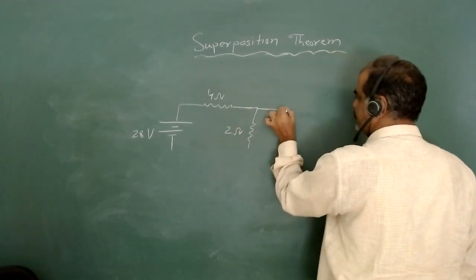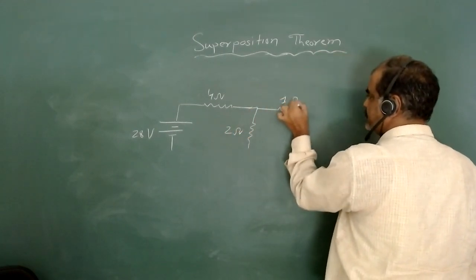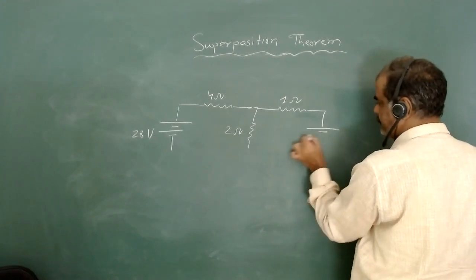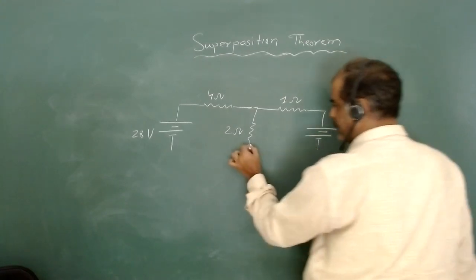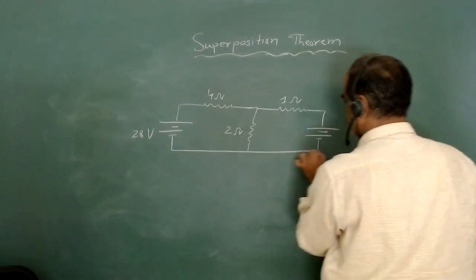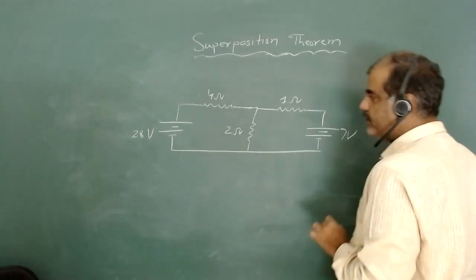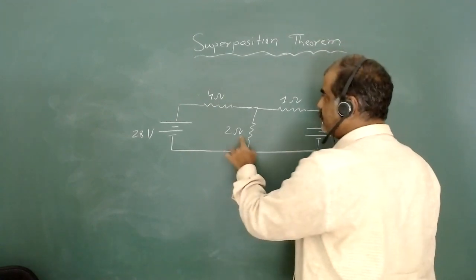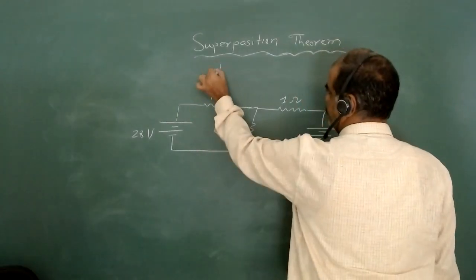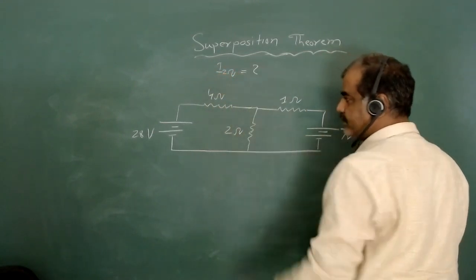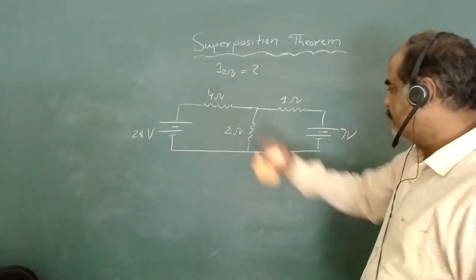I have one more resistance here, a 1 ohm resistance, and I have one more battery here of 7 volts. Now I want to calculate the current in this 2 ohm resistance due to both of these sources.